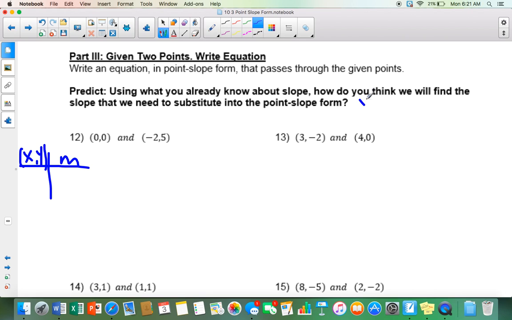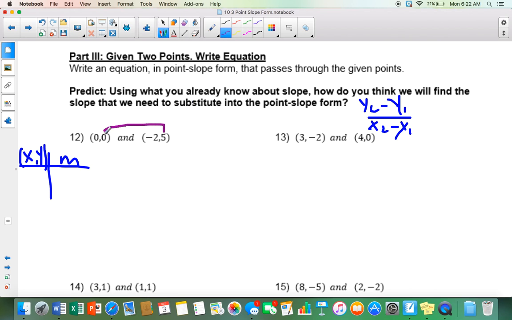And we know it's our y2 minus y1 over x2 minus x1. So I'm going to come over here and I'm going to do that first.